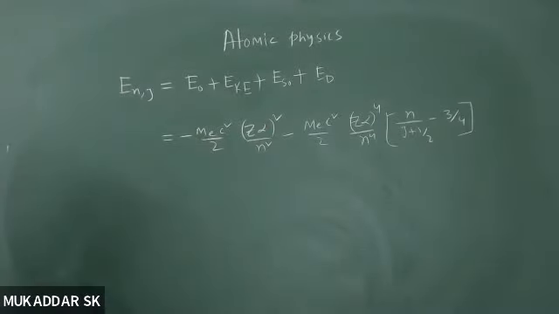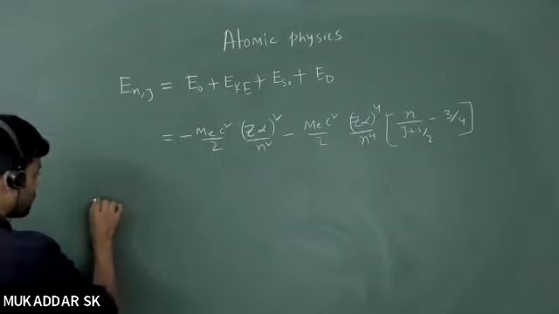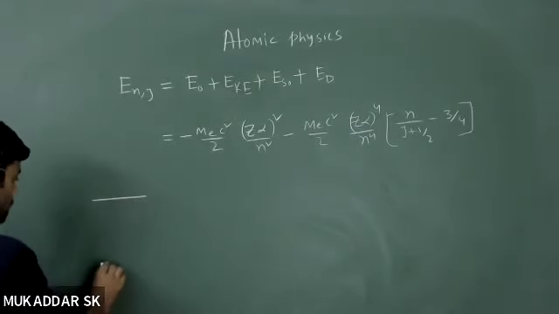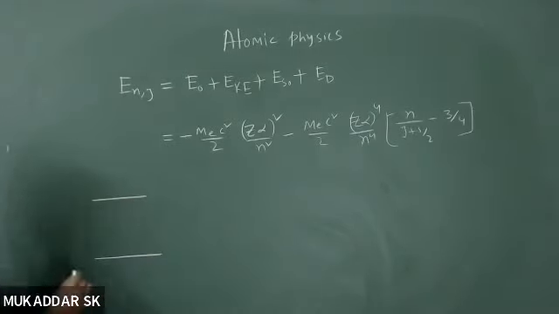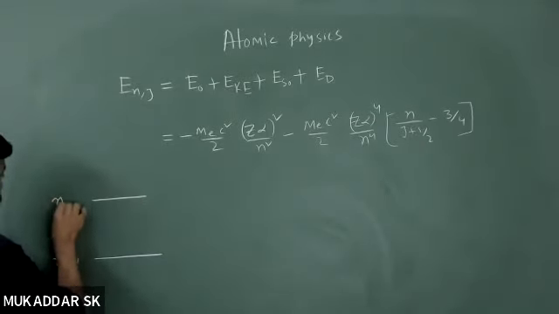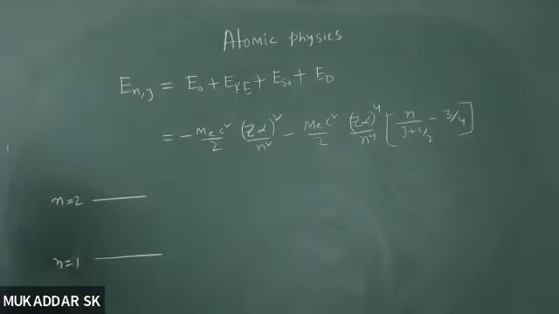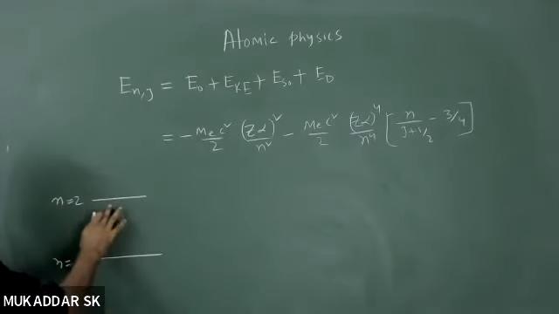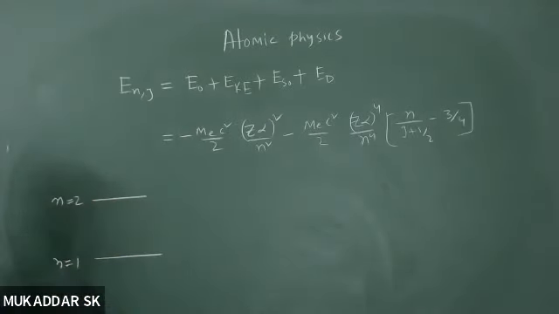So let us assume this lower level corresponds to n equals 1 and the upper level corresponds to n equals 2. Obviously the lower level will contain only the S orbital because l is nothing but n minus 1. So here n is 1, so it will only contain the S orbital. But for this case, you will get the P orbital as well as the S orbital.